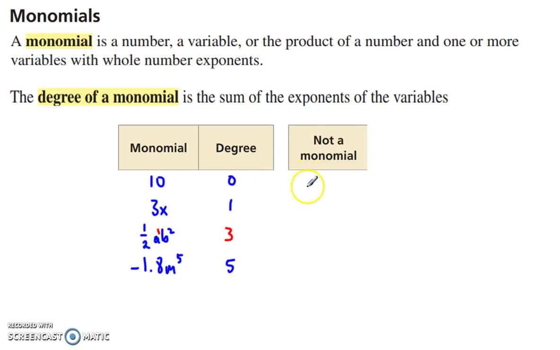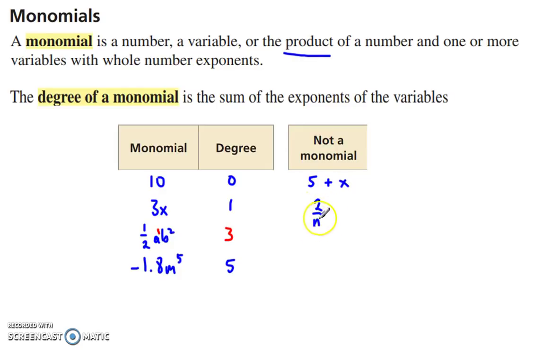Examples of what's not a monomial. Remember, it can be the product. So if you have the sum of a number and a variable, like 5 plus x, that's not a monomial. And if you have something where you're dividing by a variable like this, 2 over n, if I rewrote this as a product, n would have a negative exponent.